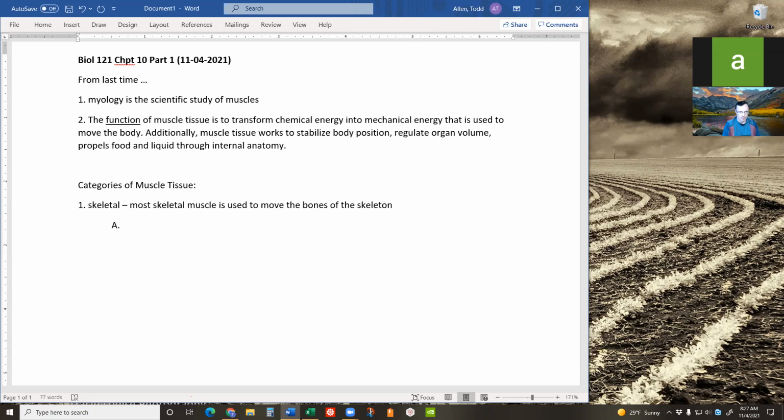Okay. Skeletal muscle tissue is striated. We pointed that out previously. Skeletal muscle tissue is voluntary. And what I mean by that is that you can consciously control its motion, right? I can control when my biceps brachii contracts to pull my palms towards my head. I can control that.